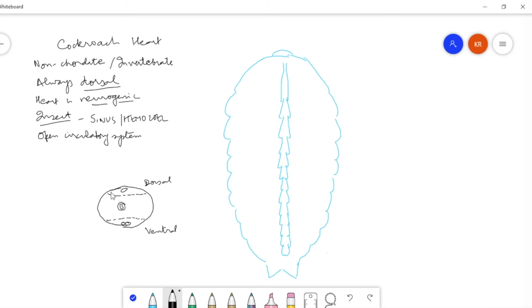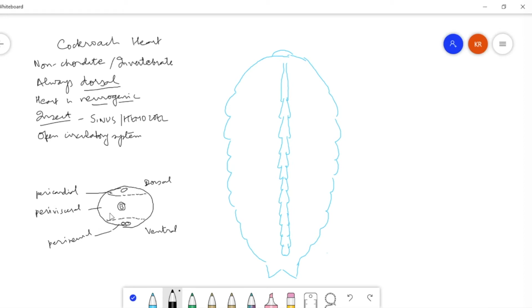So this first sinus over here is called the pericardial sinus. This is called the perivisceral sinus, and this is called the perineural sinus.